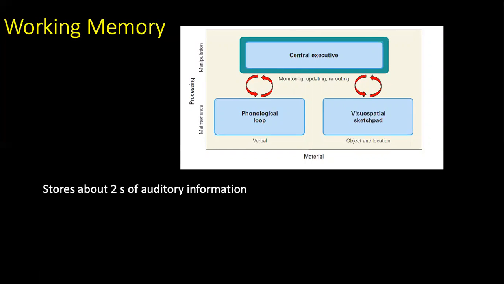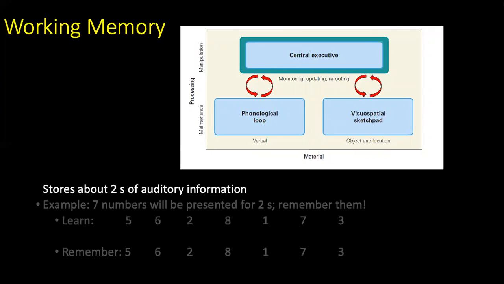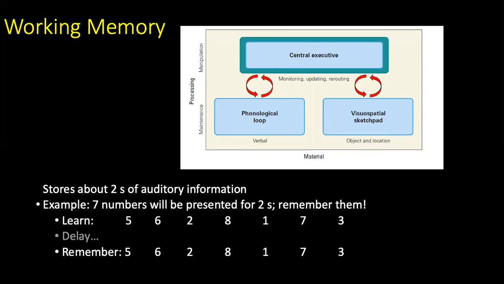We can maintain information via these two, what he calls maintenance buffers: our phonological loop and our visual spatial sketchpad. So the phonological loop basically can store about 2 seconds worth of auditory information, right? So we've talked about digit span a little bit before, and they talk about it in this chapter. This is a nice example of that. So if you were told to learn this list of numbers, it was up there for 2 seconds, and then it went into a delay, and you had to try and remember it, right?